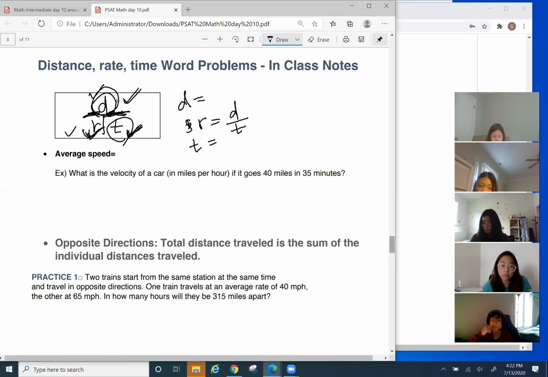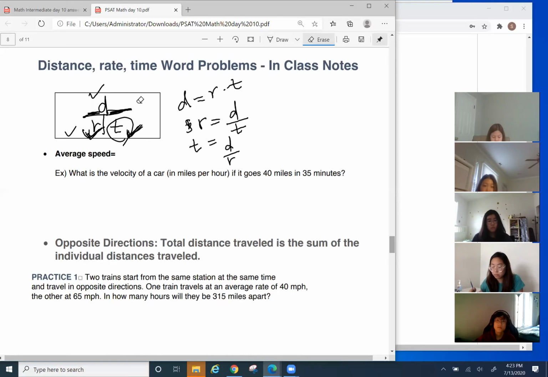You just have to read the D and then this becomes Y. Time equation is distance over rate, and distance equation is rate times time. Okay, can you please memorize this? I learned this in middle school. So you guys have to know this one. I'm not asking too much. You really have to know it.